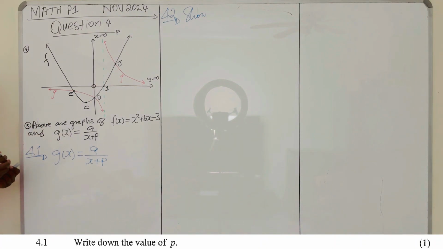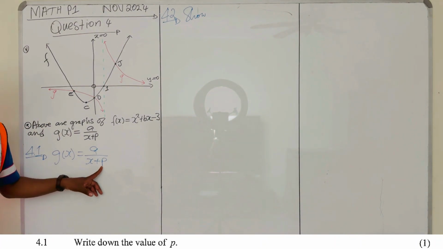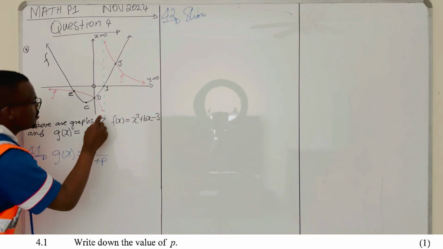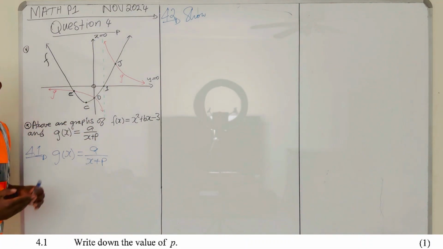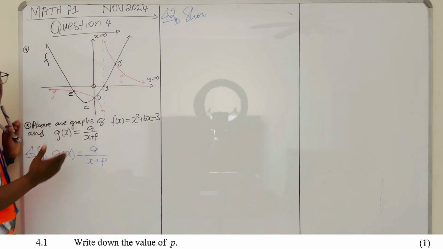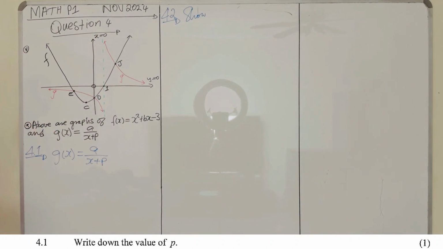You know it is related to a vertical asymptote, or you can say it's your horizontal shift. Are you with me? So in that case, your vertical asymptote passes through 1. So you know the equation of the asymptote is x is equal to 1.